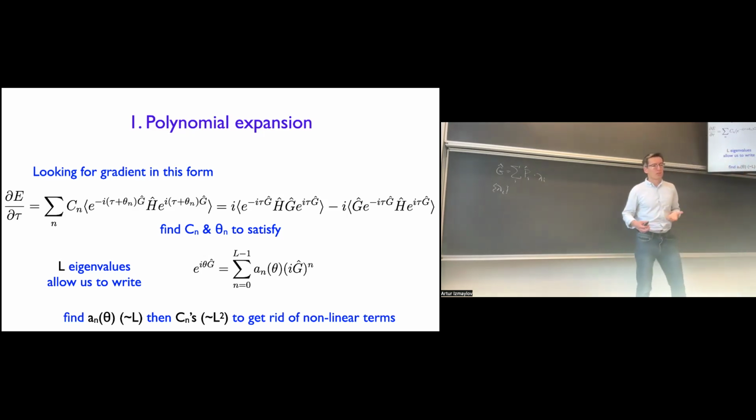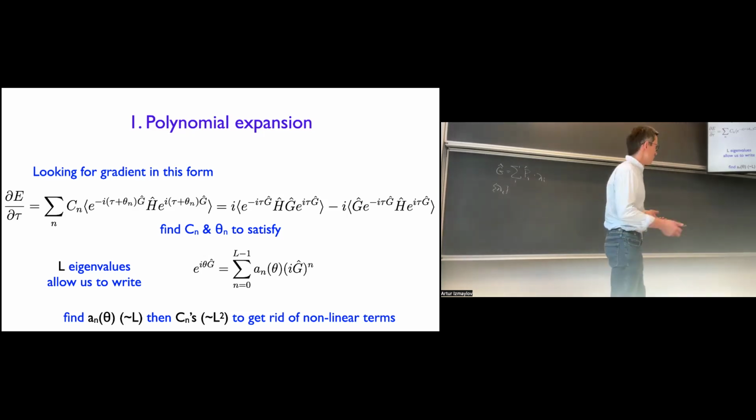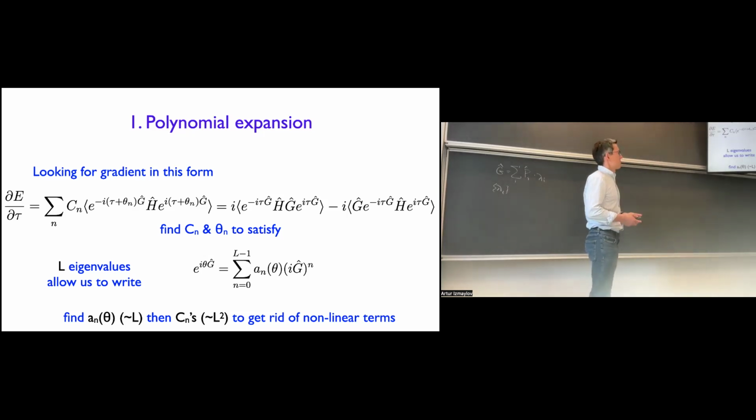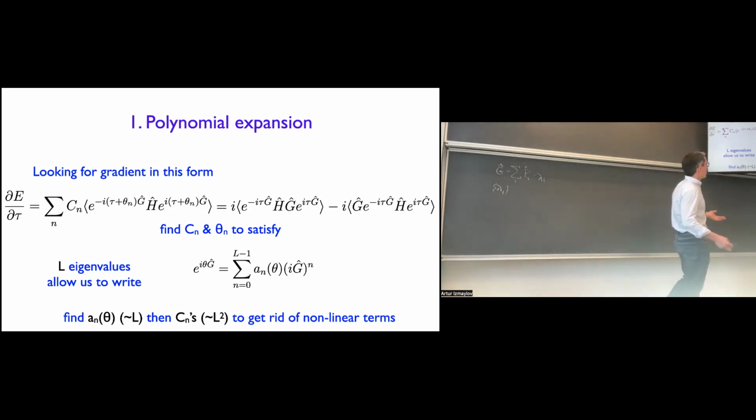I think in general this is a useful exercise to know how to do, because in quantum computing, or in general in quantum mechanics, sometimes we want to work with operators that are non-polynomial. And it's good to know that if you have a finite spectrum of the generator, you can always present it as a polynomial of the generator.